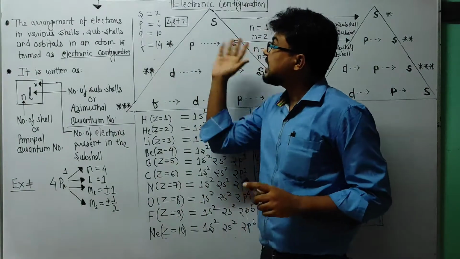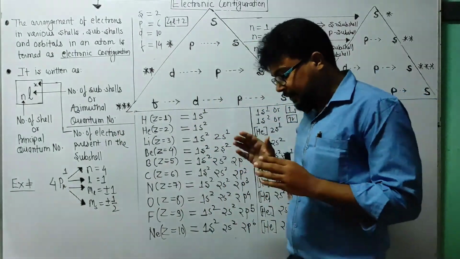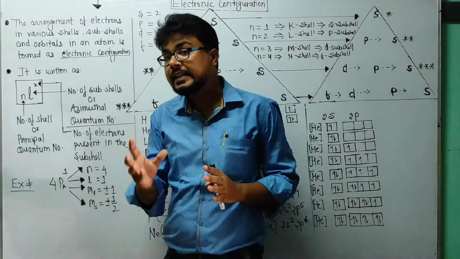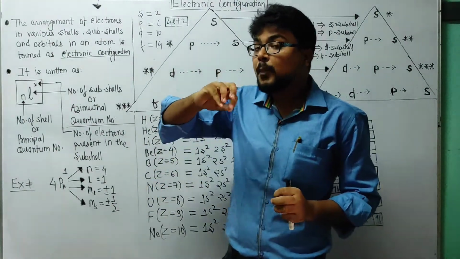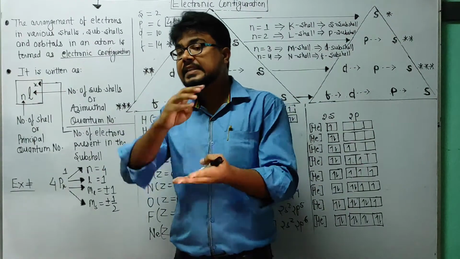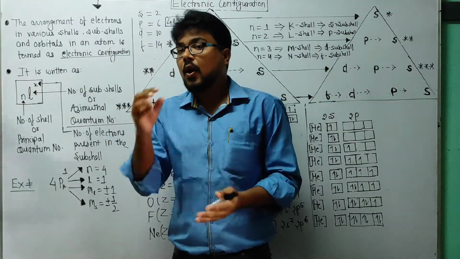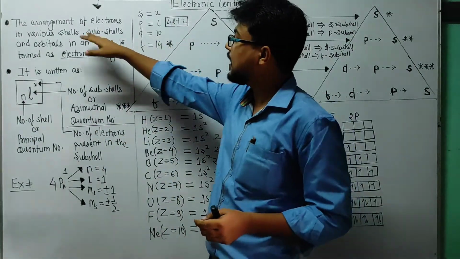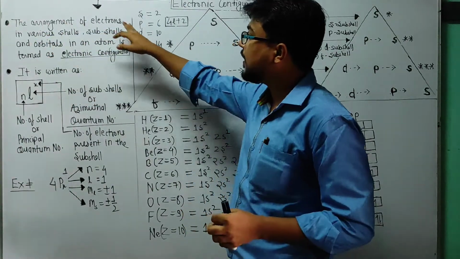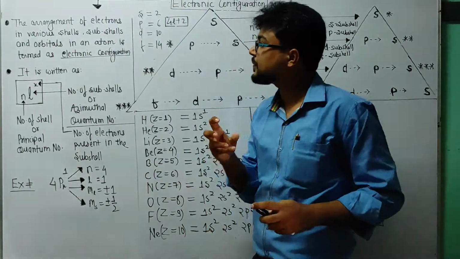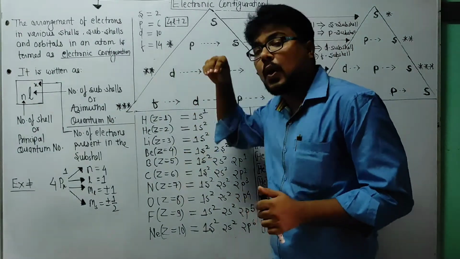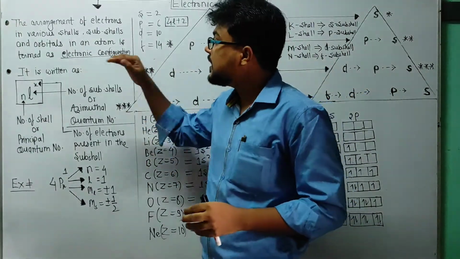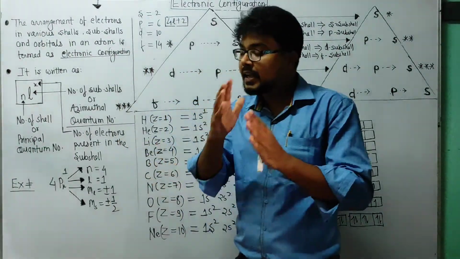So what is electronic configuration? Electronic configuration is nothing but the systematic arrangement of the position of electrons in subshells, shells, and orbitals. We can say again, the arrangement of electrons in various shells, next subshells, and next orbitals in an atom is termed as electronic configuration.